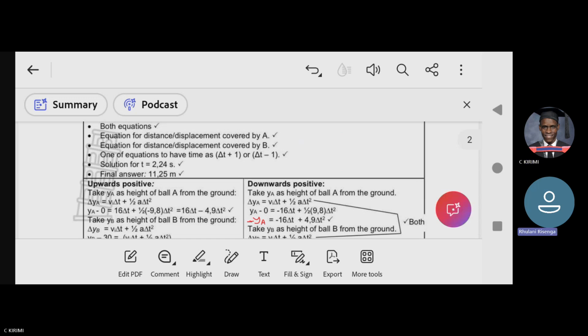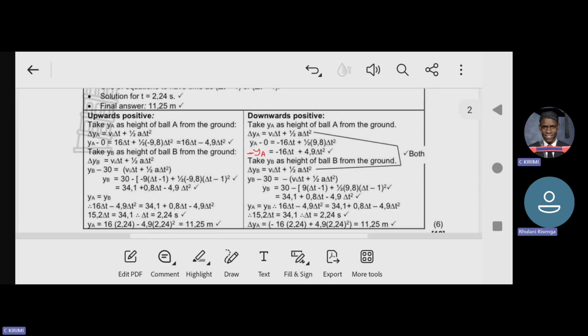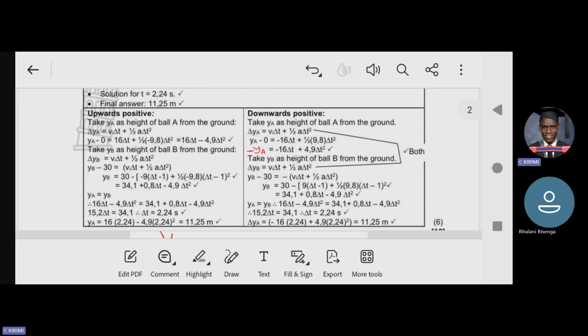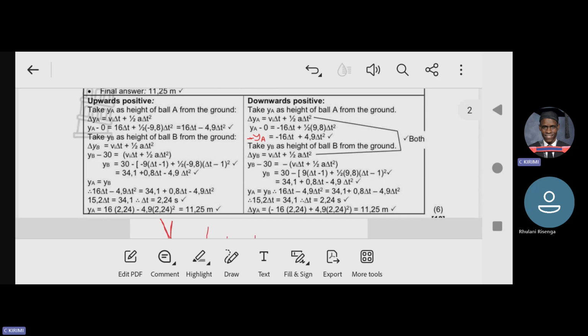The signs, like, let's say I'm taking upwards as positive, right? Yes, from the calculations here, they are saying let's start with upwards as positive.